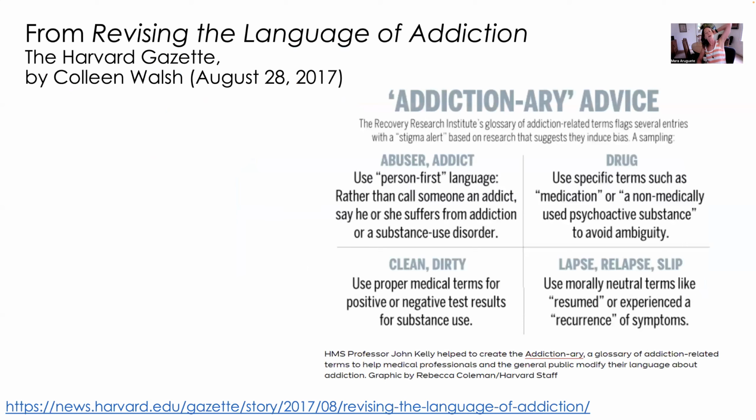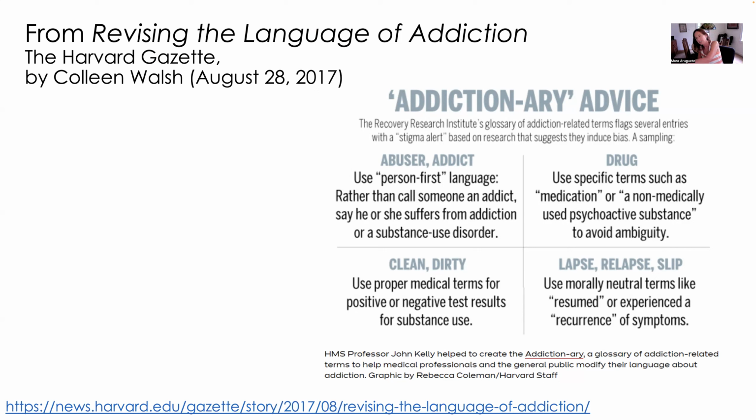So let's talk a little bit more about some of these terms. We don't use the word abuser. We try to use the word use instead of abuse. So a person suffers from an addiction or suffers from a substance use disorder, not a substance abuser. Okay. And it's better to identify a person.